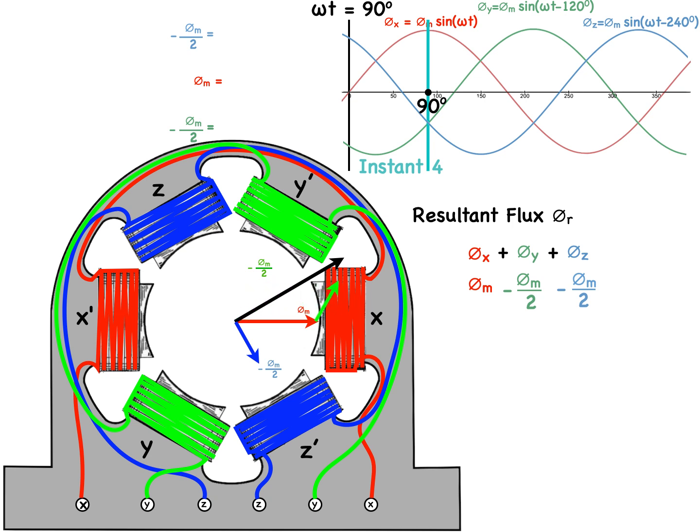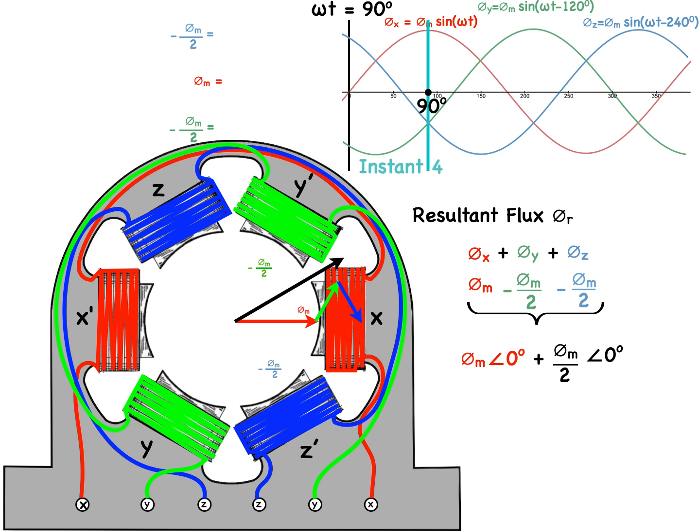Adding all three flux phasors in the vicinity of the rotor graphically, I will rewrite them in polar notation. The red phi m is phi m at 0 degrees, and minus phi m over 2 green and minus phi m all over 2 blue results in a polar notation of plus phi m all over 2 at 0 degrees.